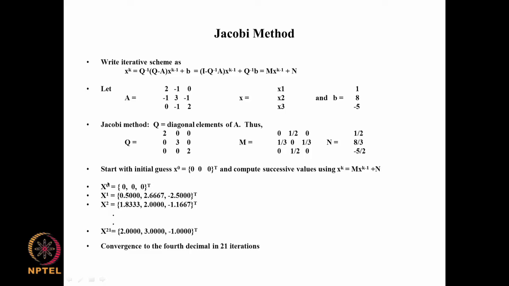So, x0, where the superscript indicates the initial guess, is 0 0 0 for the 3 elements, x1 is 0.5, 2.667, minus 2.5. You can substitute these things here and then you can get x1, x2, x3 like that, and x21 gives us 2.000, 3.000 and minus 1.00, and you can see that this is the solution.